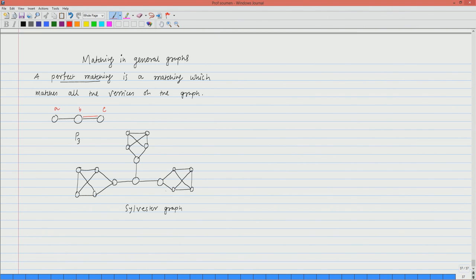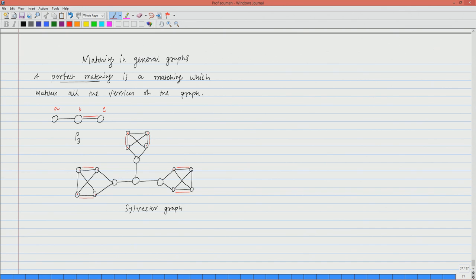For this part of the graph, I may include this edge and this edge in my matching. So, these 4 vertices are matched, and similarly here also I can include this edge and this edge in my matching, and here also I include these 2 edges in my matching. So, all these vertices are now matched.